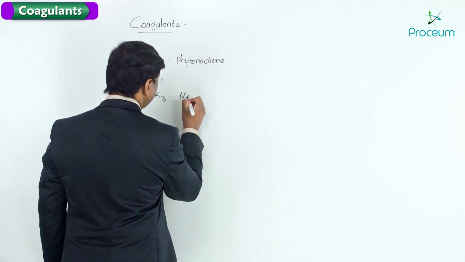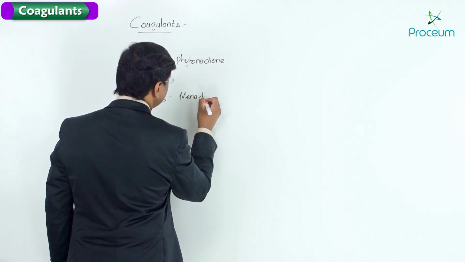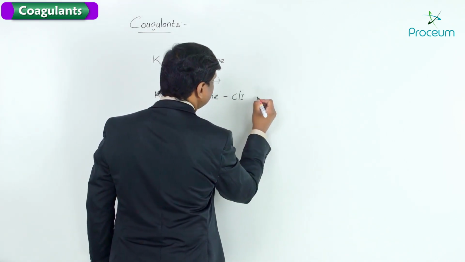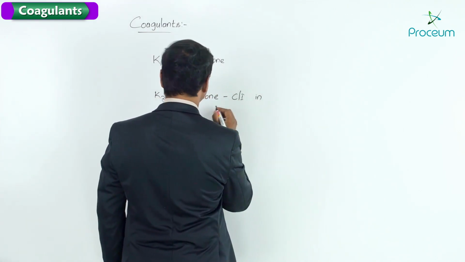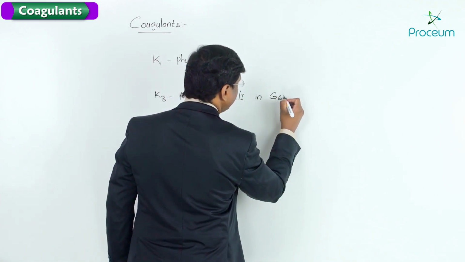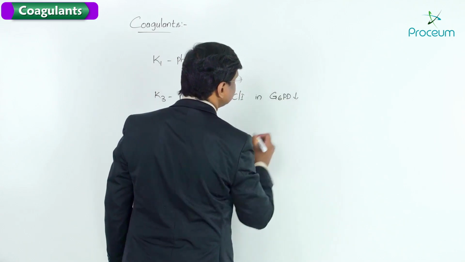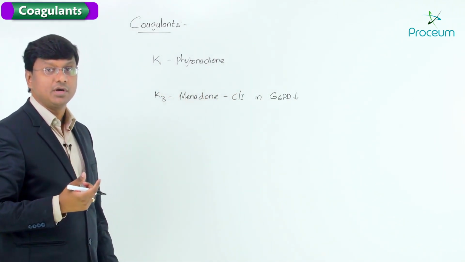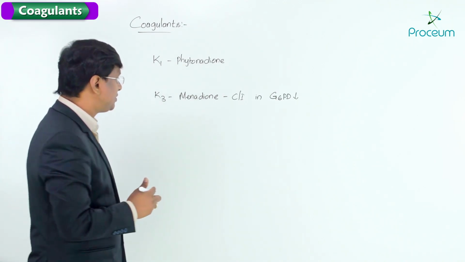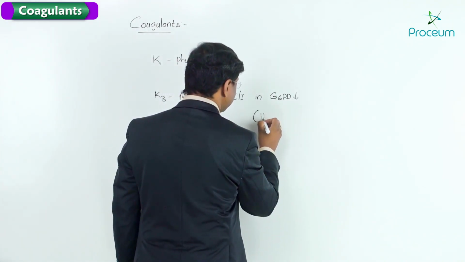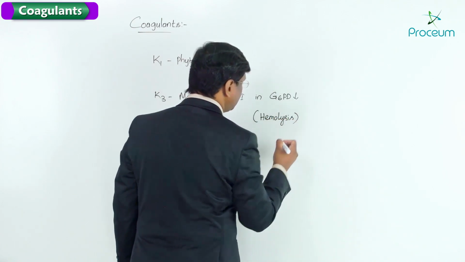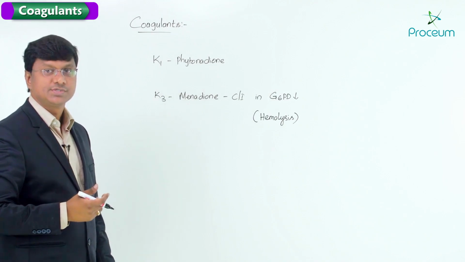So menadione is contraindicated in G6PD deficiency patients. And why is it contraindicated in G6PD deficiency patients? Because it will cause hemolysis.